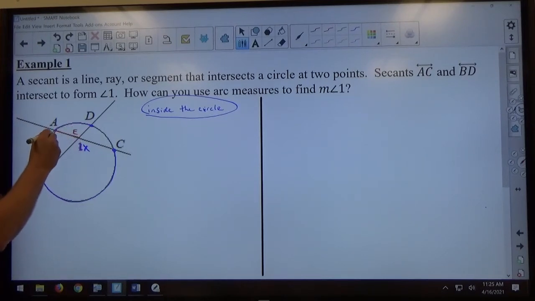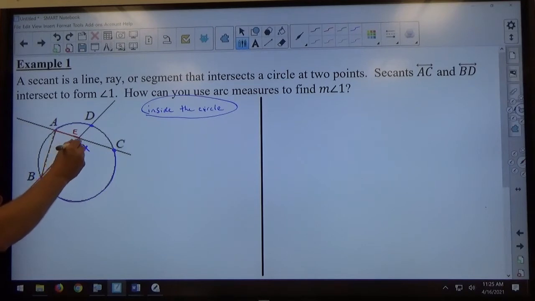If we look at triangle AEB, in this triangle, X is an exterior angle, and let's call these Y and Z, the remote interior angles. You might recall that terminology back from earlier chapters.